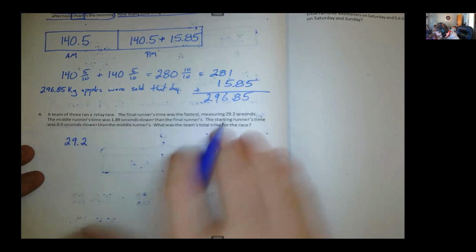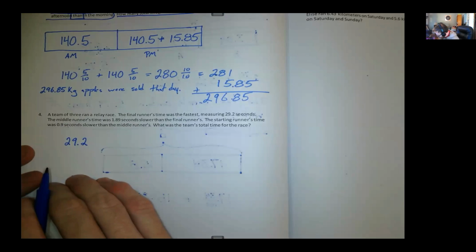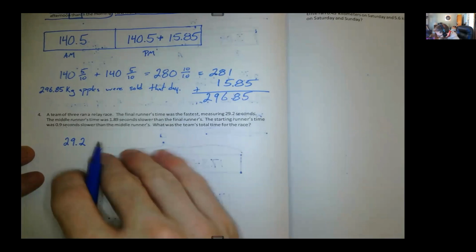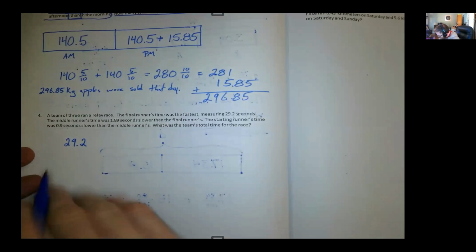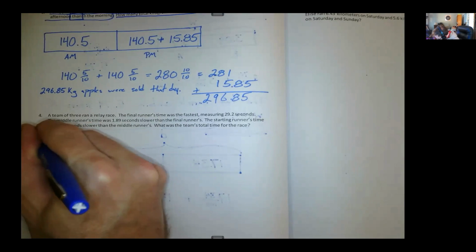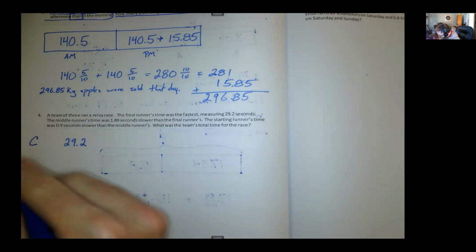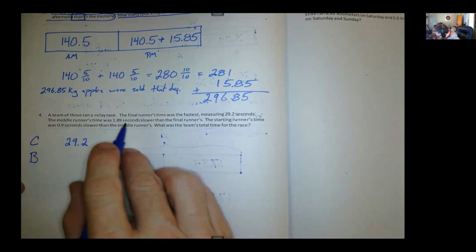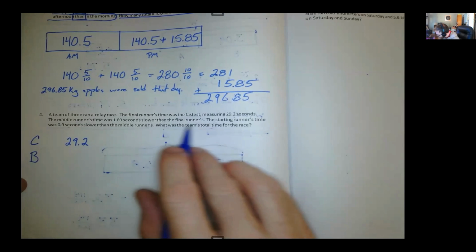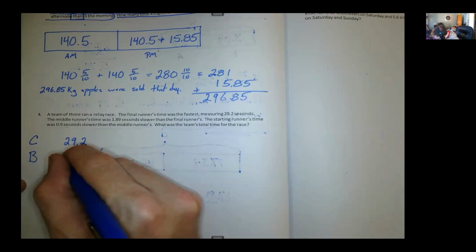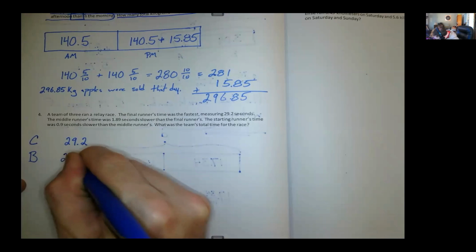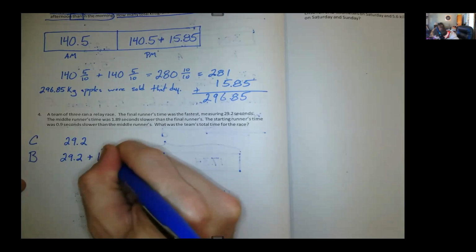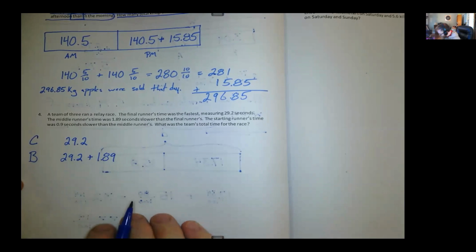The middle runner's time, this is a relay race, so they take turns running sections of the race. That last runner was the fastest. We'll call that runner C. The middle runner, we'll call B, was 1 and 89 hundredths seconds slower than the final runner. So that's going to be 29 and 2/10 plus 1 and 89 hundredths.